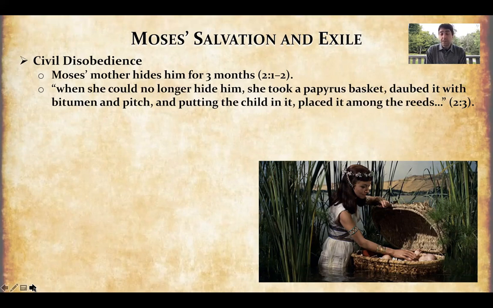So, two interesting things here. We have a basket daubed with bitumen and pitch, so tar, something to seal up the cracks. Where have we encountered that before, bitumen and pitch? Well, way back in Genesis with Noah's Ark, which was also sealed with bitumen and pitch.